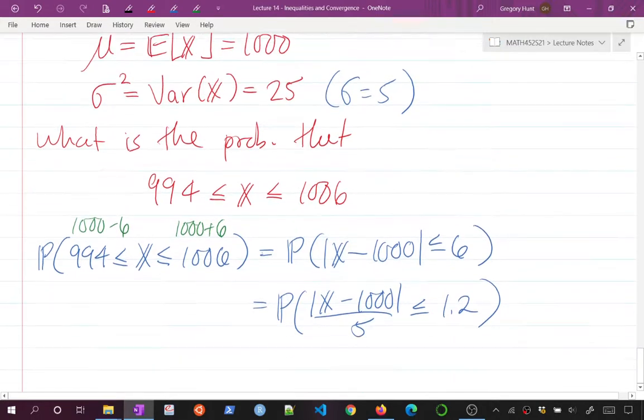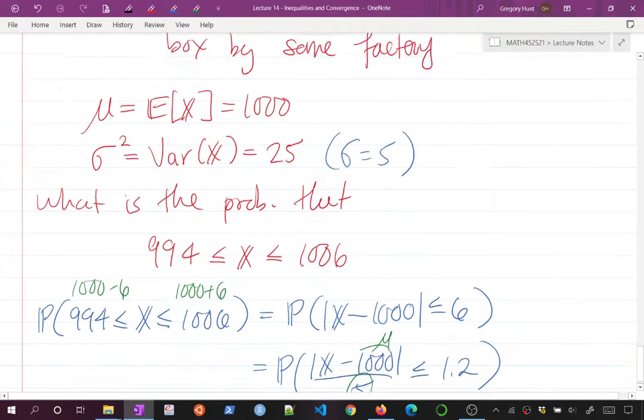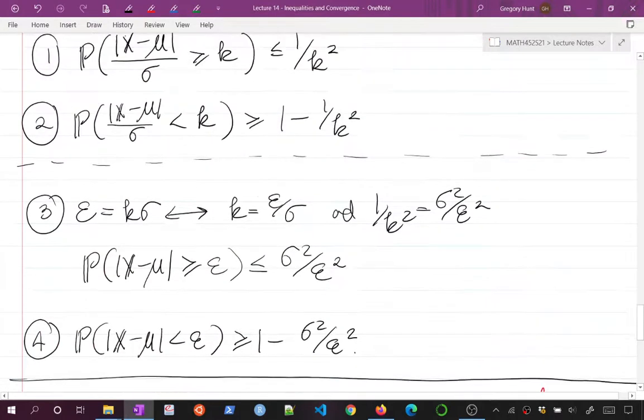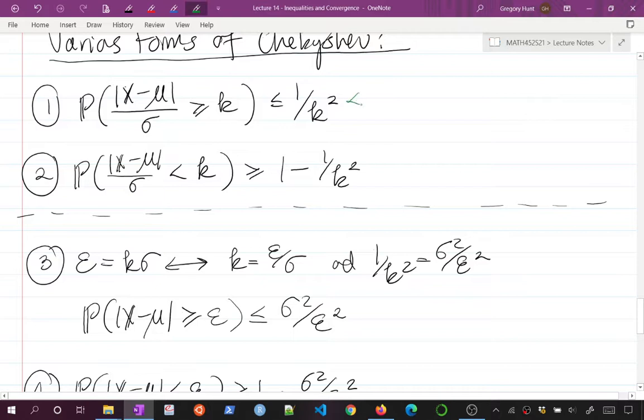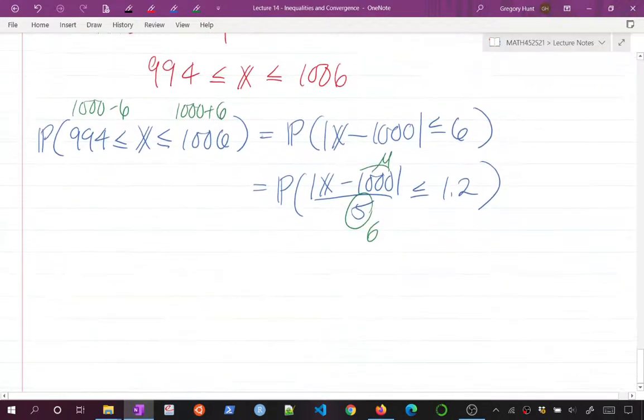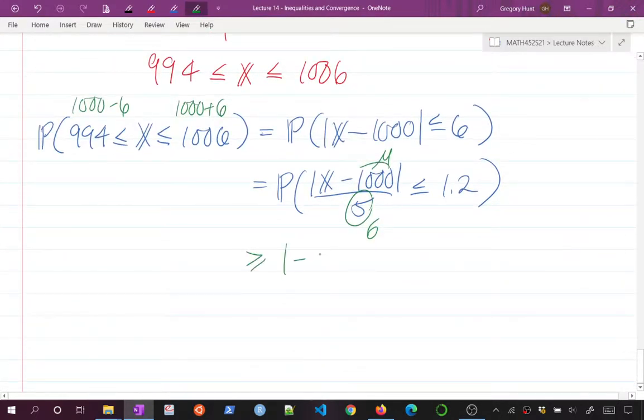Well, this is my mean, this is my standard deviation, x minus mu over sigma less than or equal to 1.2. If I go to my second form here, that should be greater than or equal to 1 minus 1 over k squared. So this should be greater than or equal to 1 minus 1 over, what's k? This is basically k.